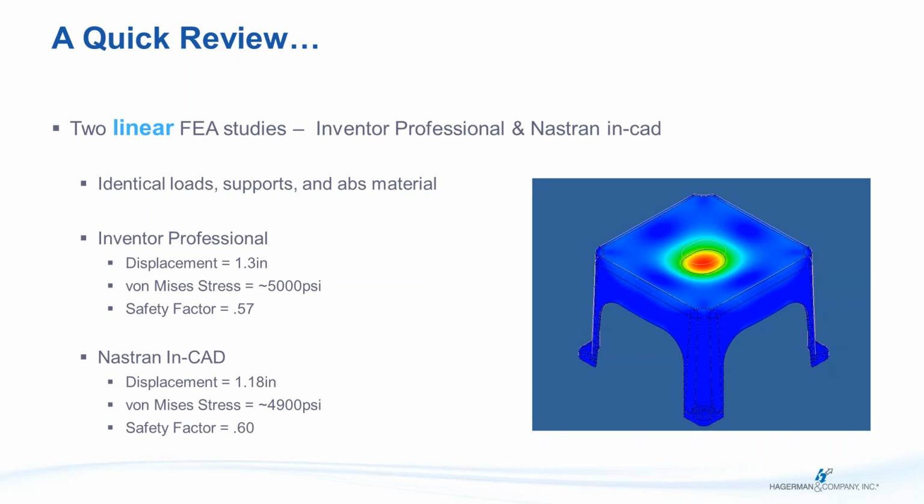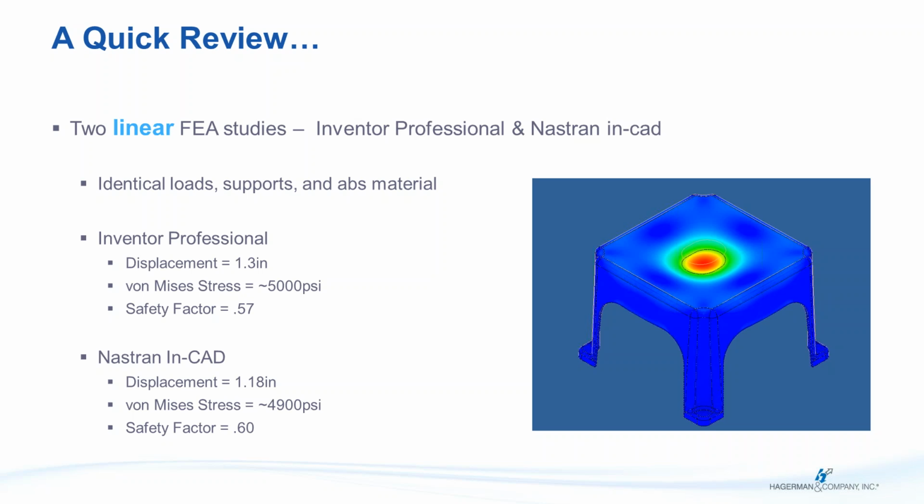That's why I said split the difference, 1.25 inches. Von Mises was running about 5,000 PSI in Inventor Pro, about 4,900 PSI in Nastran. Pretty much the same PSI. Safety factor violations were about the same, 0.57 versus 0.6. So we made the mistake and ran the wrong analysis, but we're getting the same results.